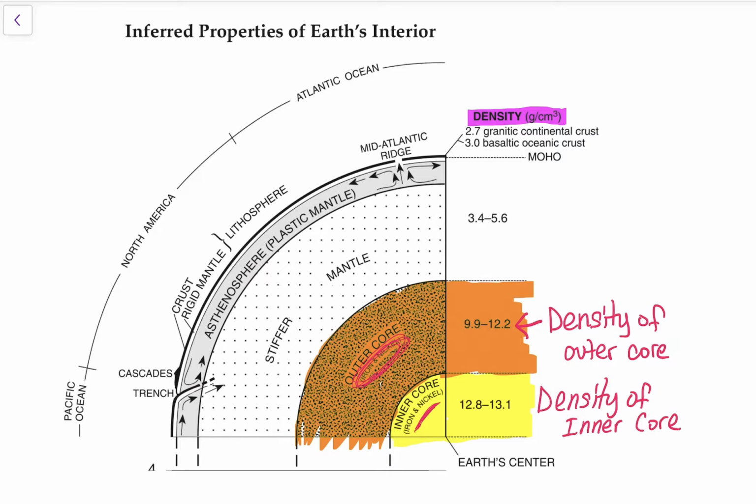Above the outer core, we have the stiffer mantle. Okay, we can color this part here in red if you have it.